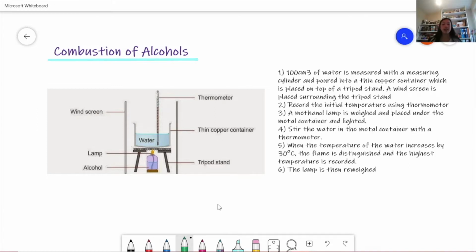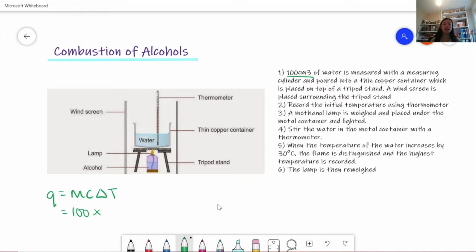So in order to find the enthalpy change, we first use Q equals mc delta T. And m here in this case is the amount of water that has been heated. So we have 100 centimeters cubed of water, and 100 centimeters cubed is equal to 100 grams, and because this is needed in grams, we have Q equals 100, and then you times it by the specific heat capacity of water, not alcohol. It would be of the water.